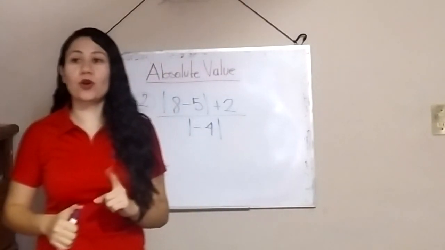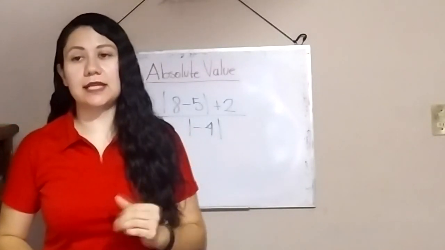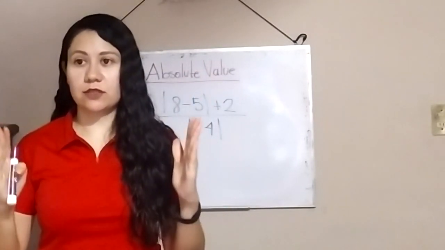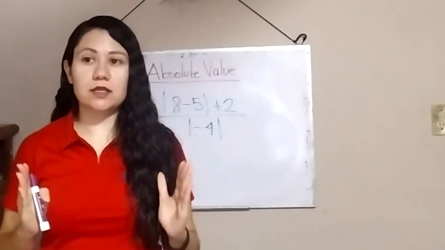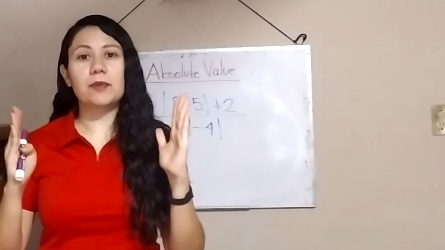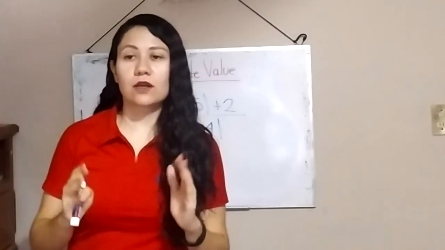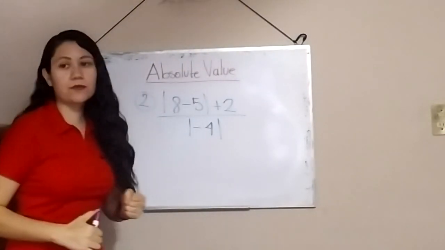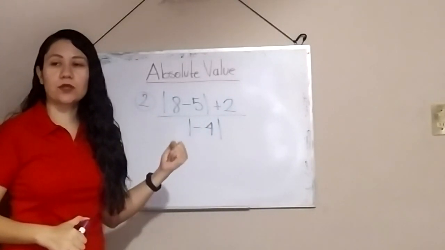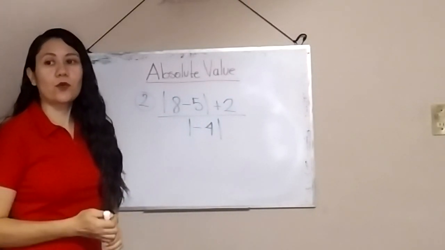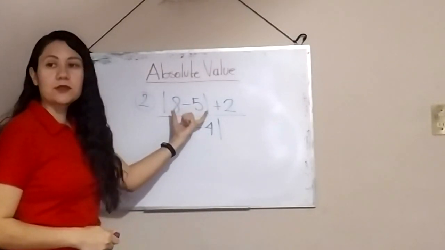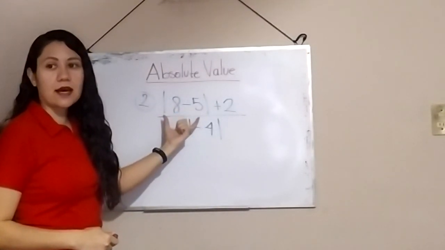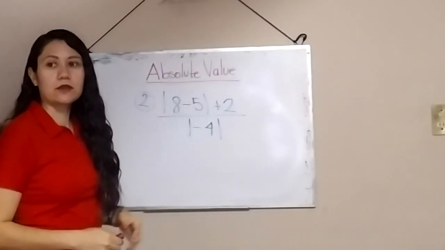When we have more than one number inside the bars for absolute value, we are going to treat the bars as if they were a parenthesis. So, order of operations, what are we going to do first? We are going to do first the subtraction that is inside the absolute value bars.